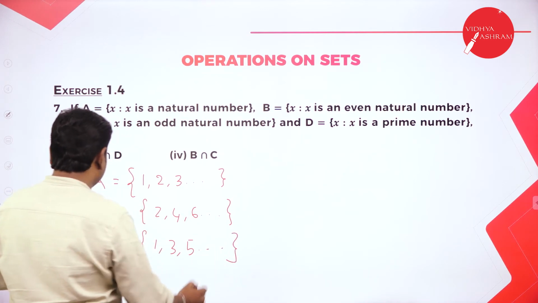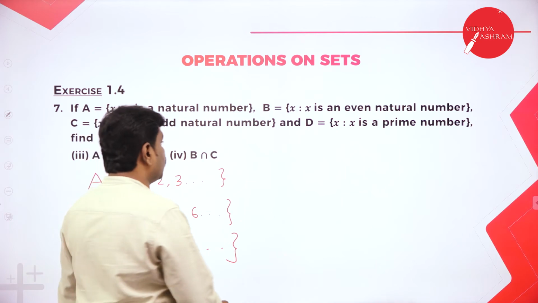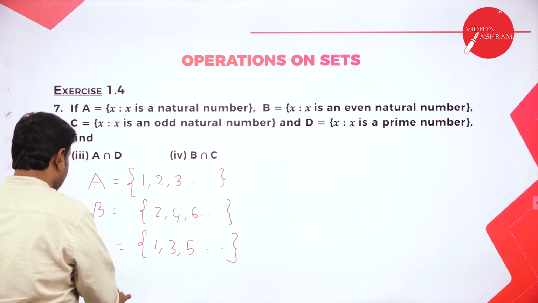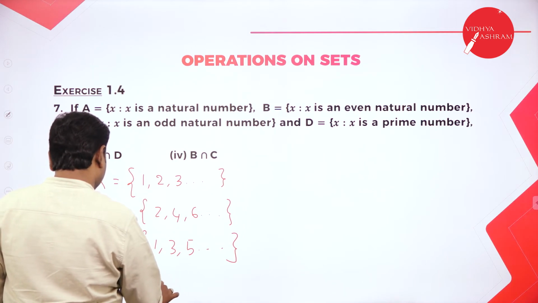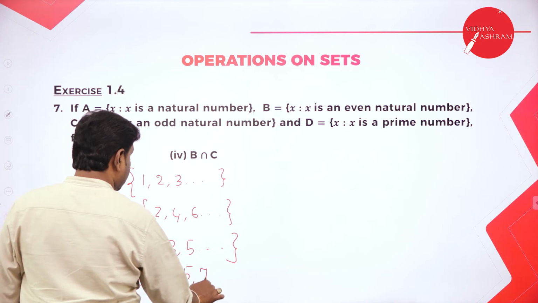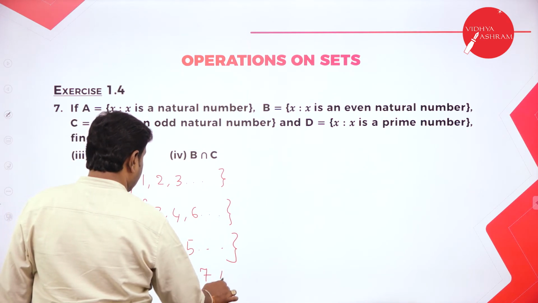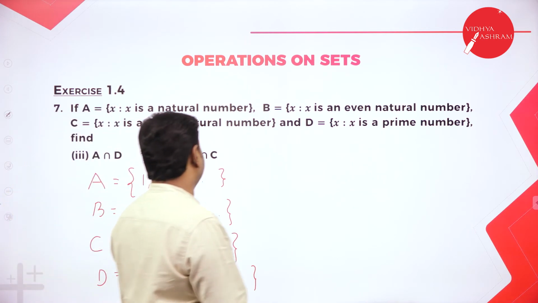Please understand, B and C are subsets of A. And D is prime numbers. Prime numbers start from 2, 3, 5, which are divisible only by themselves, then 7, 11, and so on. All are infinite sets.